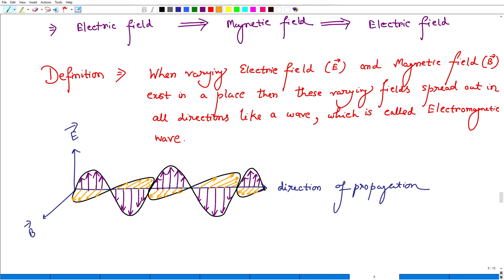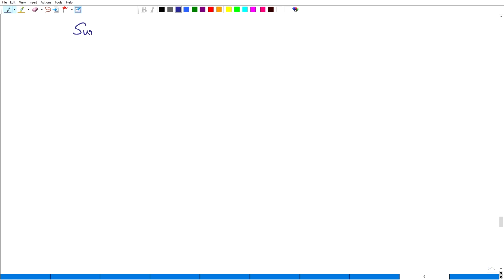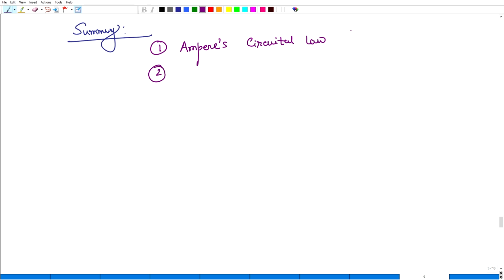Okay, let me summarize today's class. First, in today's class we discussed Ampere's circuital law, basically for a path or line integral.